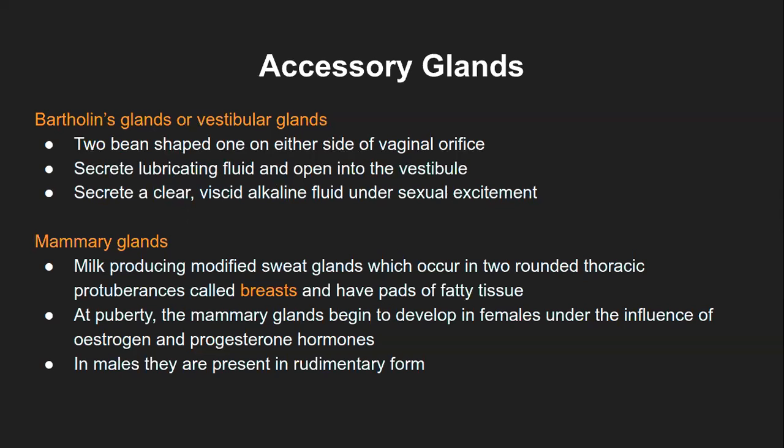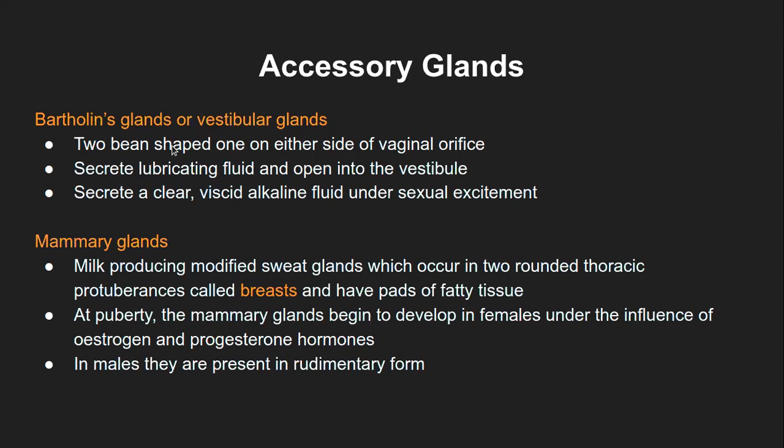That is accessory glands which are present and which are responsible for secretion in the female reproductive system. So first one is Bartholin's gland, or it is also called vestibular gland.